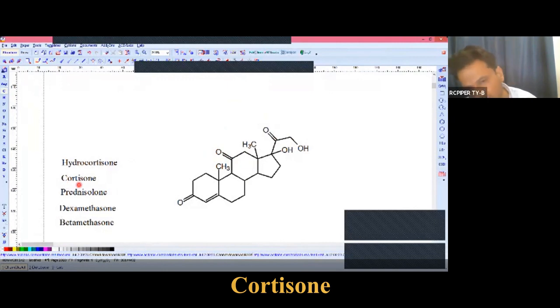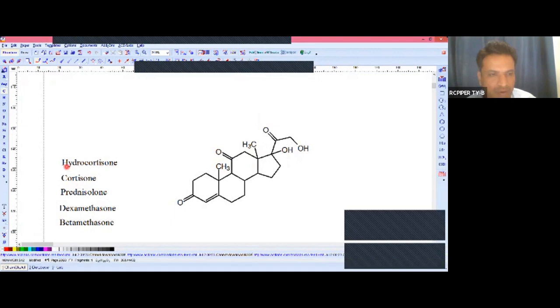Now, when we look at the mineralocorticoid and glucocorticoid activity of hydrocortisone and cortisone, it is somewhat similar. So the 11 hydroxyl group or the 11 carbonyl group as such doesn't have a separate effect on glucocorticoid and mineralocorticoid activity.